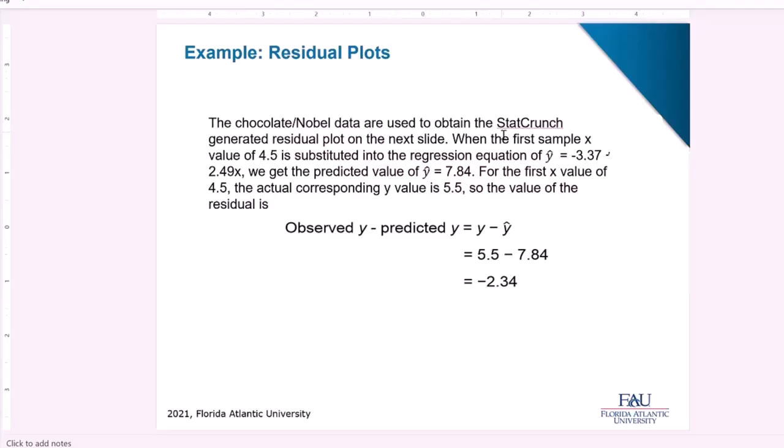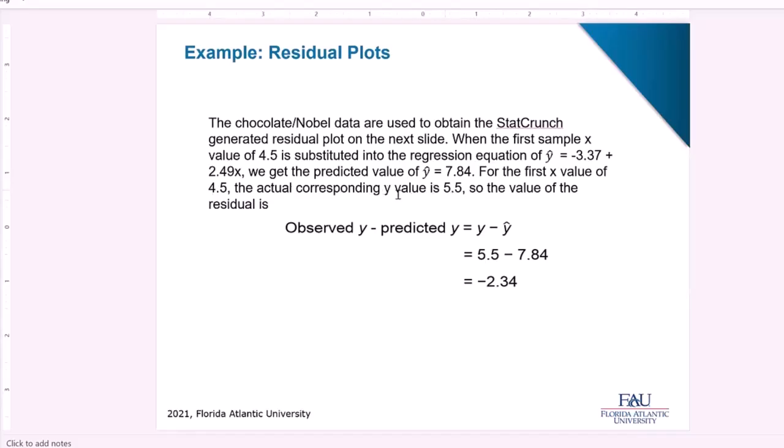When the first sample X value of 4.5 is substituted into the equation, we get that Y hat is equal to 7.84. Put 4.5 in for X, multiply it by 2.49, and subtract 3.37. This is the value you will get. For the first X value of 4.5, the actual corresponding Y value is 5.5.